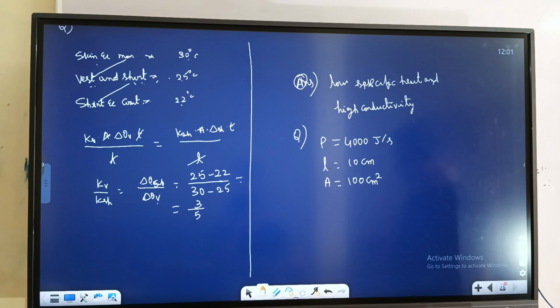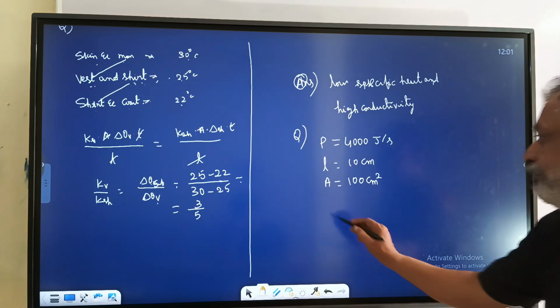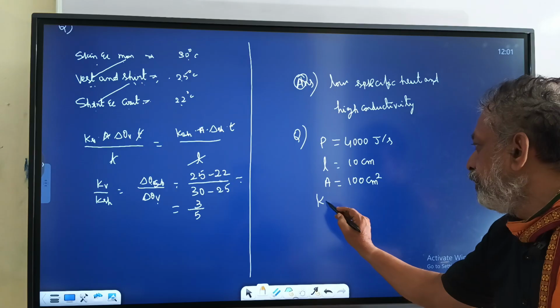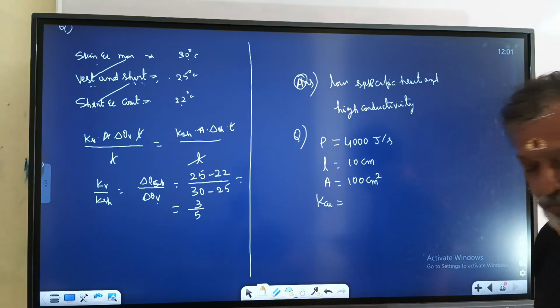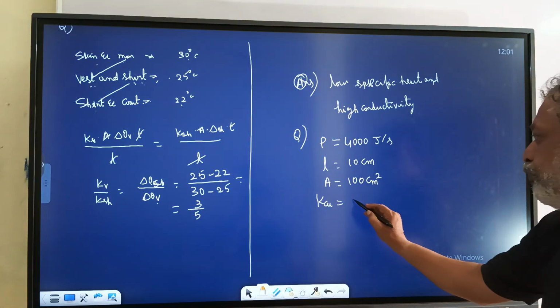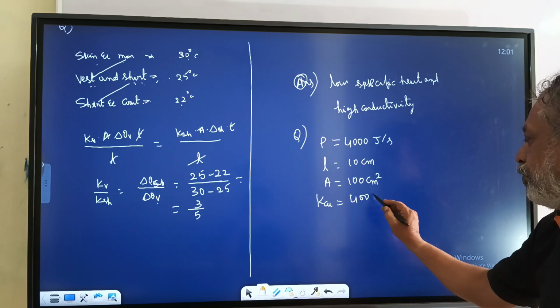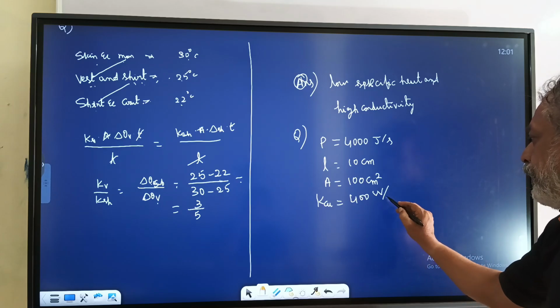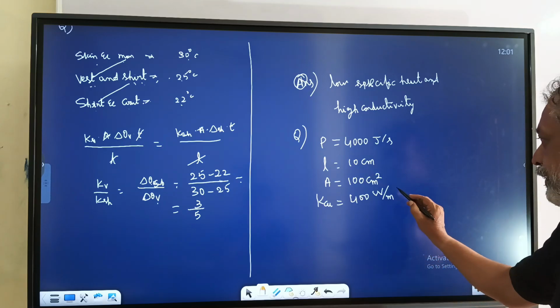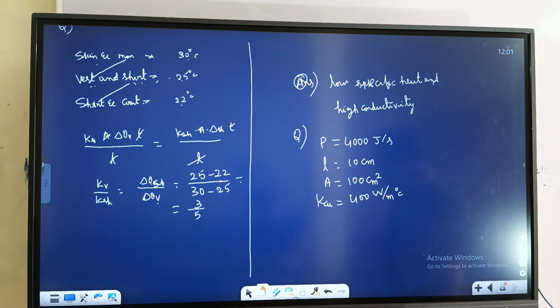The thermal conductivity of copper is 400 watt per meter degree centigrade.